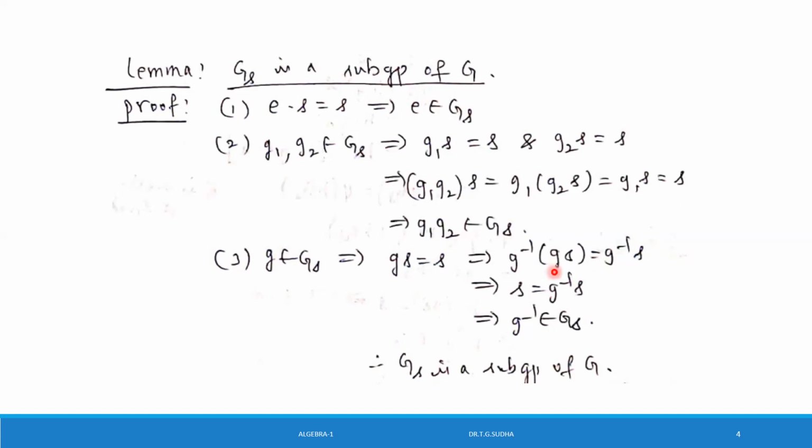By taking the group action second condition, g inverse g will give you e, and e into s will be equal to s, and that is equal to g inverse s. So now we have the condition g inverse s is equal to s. Therefore, g inverse also fixes s. Therefore, g inverse belongs to the stabilizer G_s. Therefore, G_s satisfies the conditions of a subgroup. Therefore, it becomes a subgroup of G.